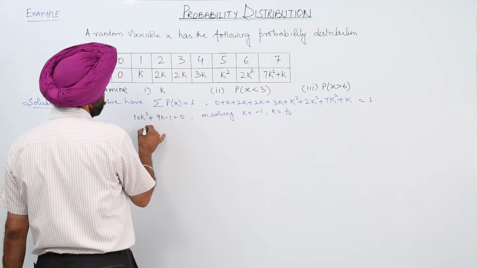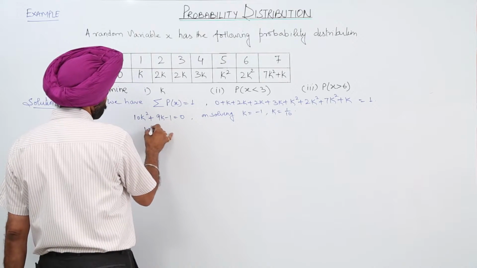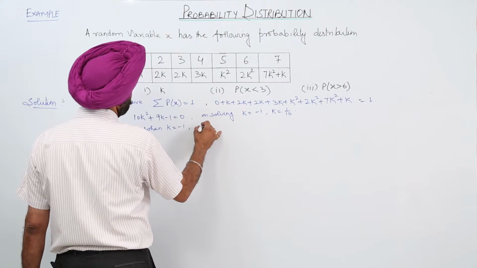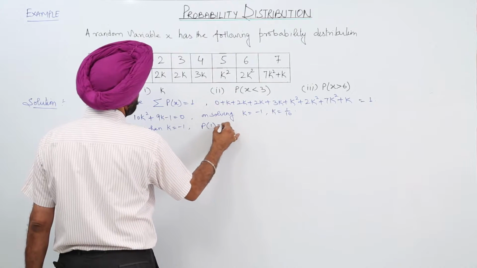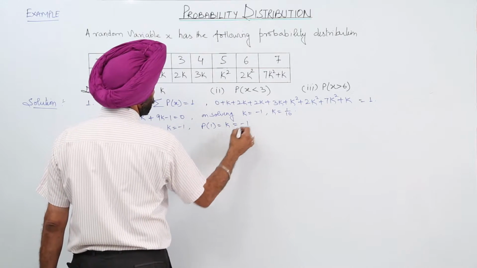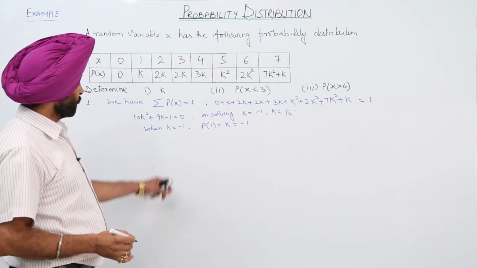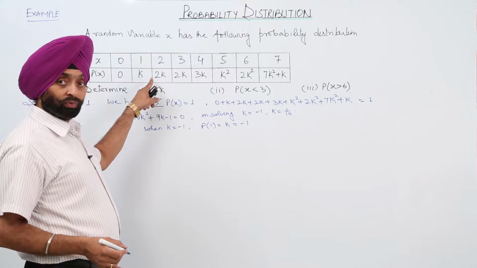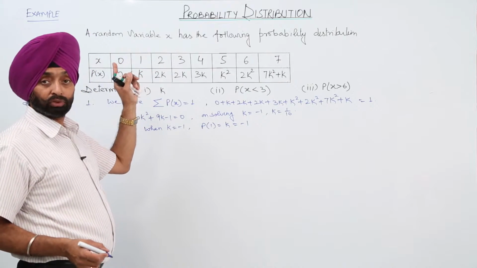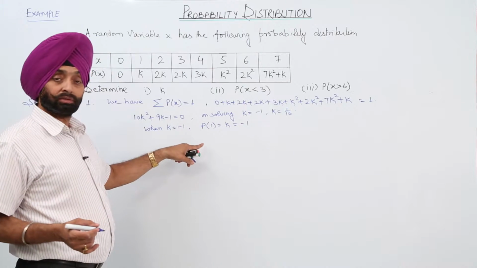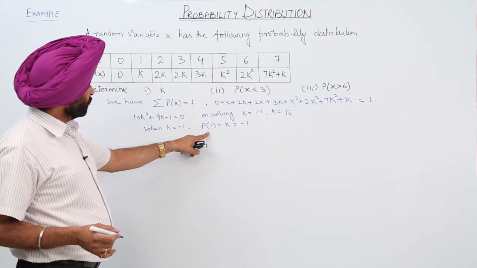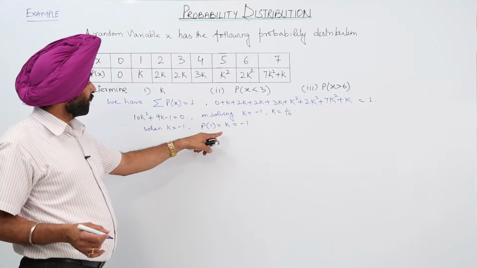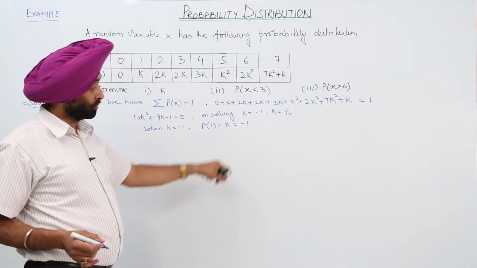Now, when k is equal to minus 1, we have P1 equal to k, which is minus 1. The value of k can be minus 1, but here there should be different possibilities. That is why I am explaining what we are doing. They have given P1 equal to k, but the probability of 1 cannot be minus 1.